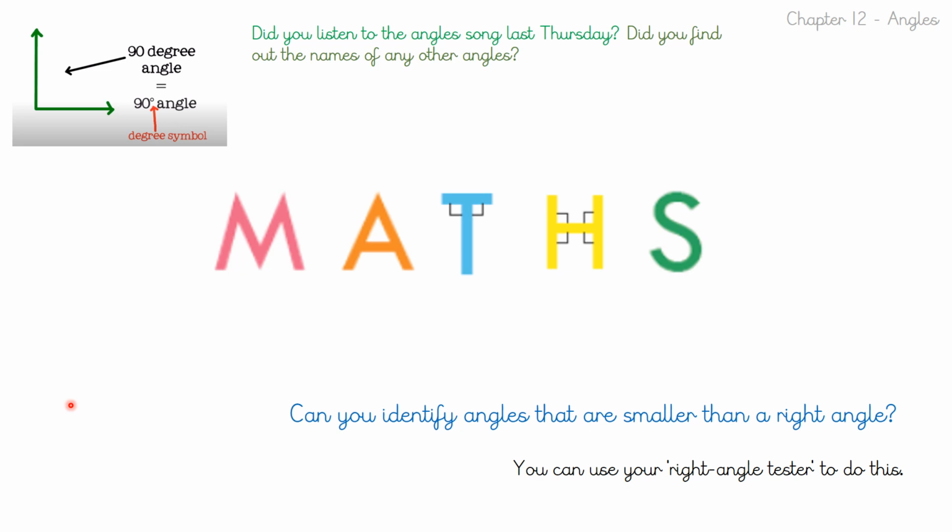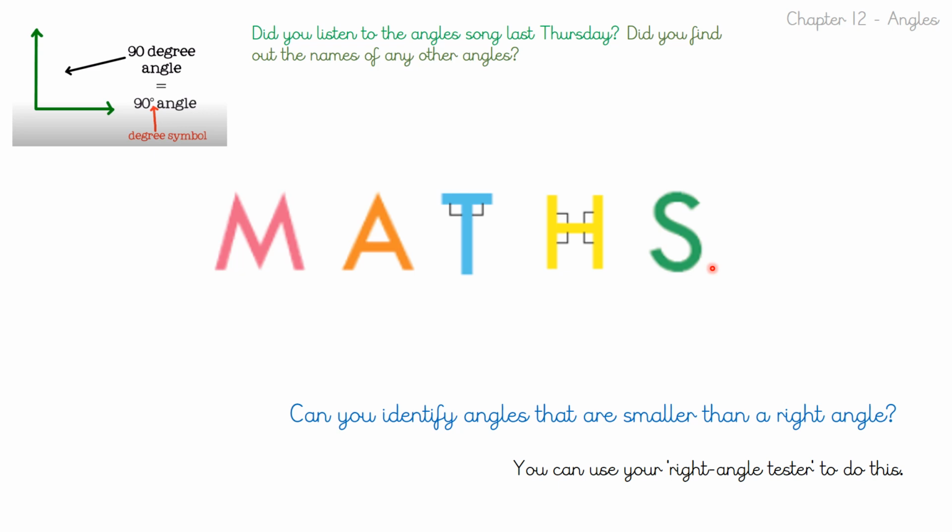So now that we've found all the right angles in the word maths, we're going to be looking for another type of angle. To do this, you will need the word maths that you wrote earlier on, and if possible, a different color pencil.